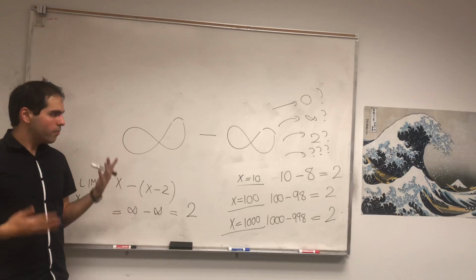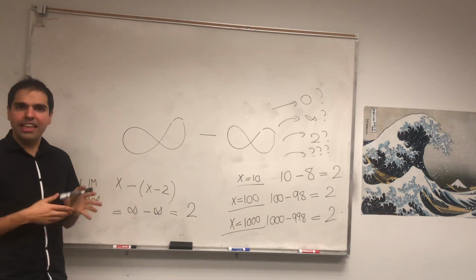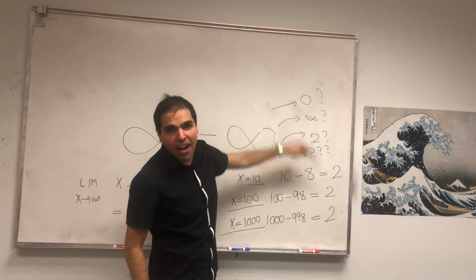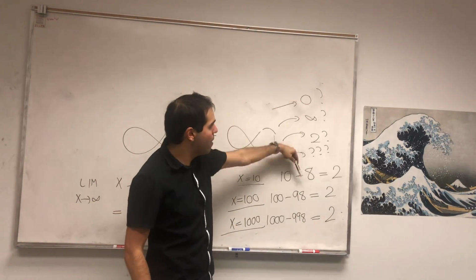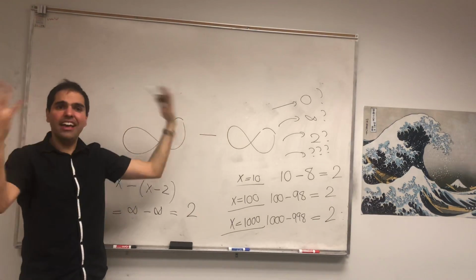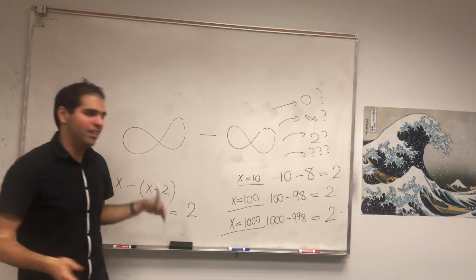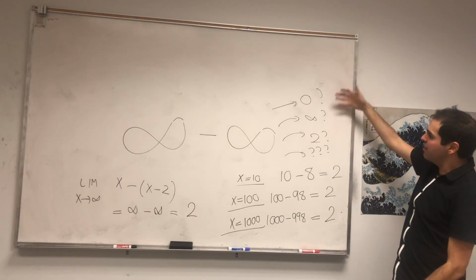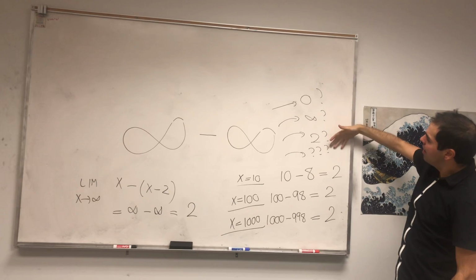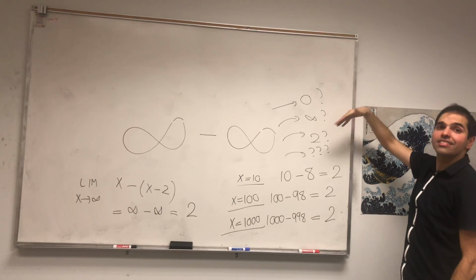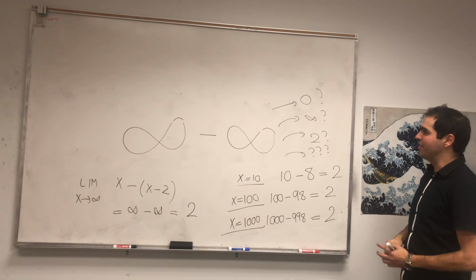And if you want formally, the definition is, if the answer can be any value from minus infinity to infinity included, then it's what's called an indeterminate form. So it depends on the scenarios, but basically if it can really take on any value that it wants, then it's an indeterminate form.